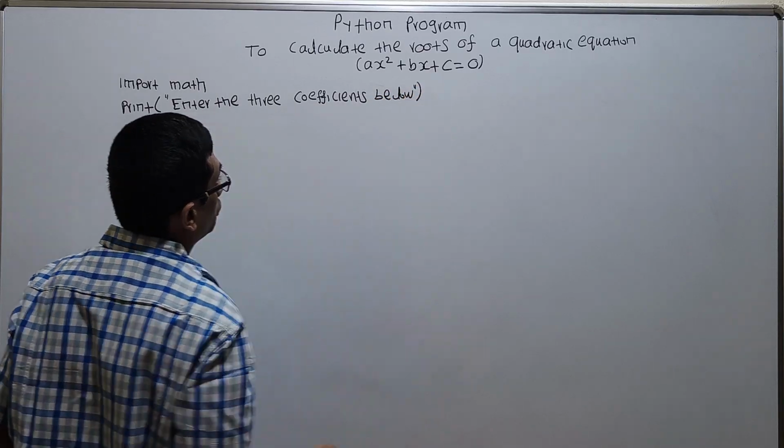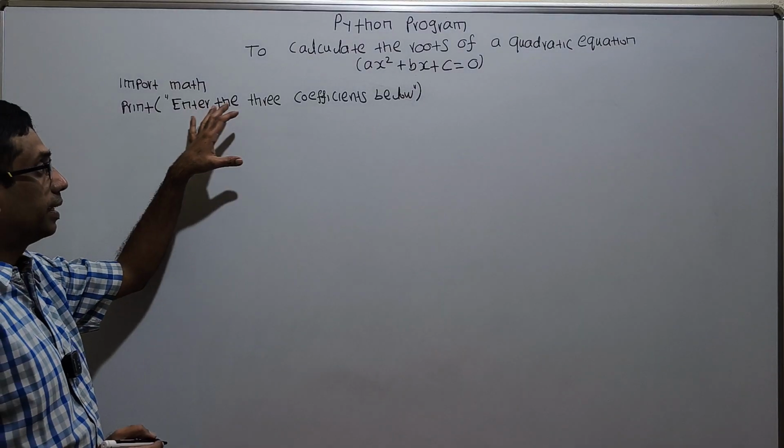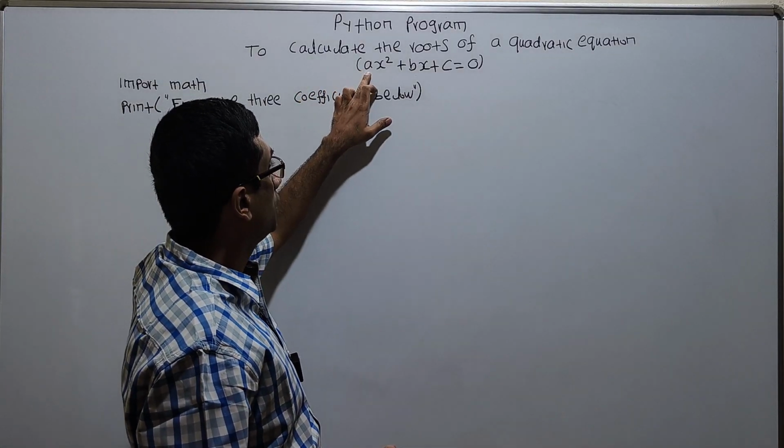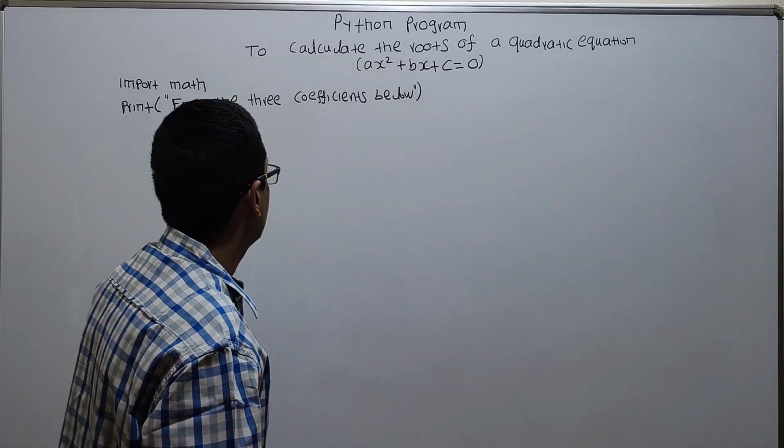Closing the double quotation, closing the print statement. So this asks the user to enter the coefficients below. We have three coefficients, A, B, C.